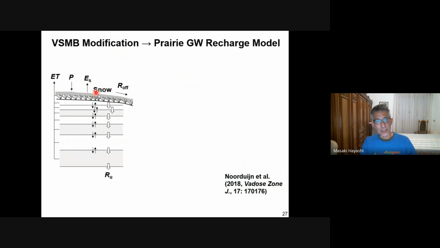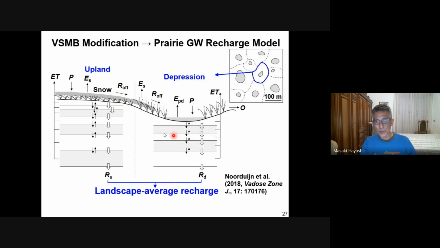So here is the VSMB model set up for upland, and then we have another VSMB model set up for the depression. So it's two models coupled together, coupled by the snowmelt runoff from the upland to the depression. The depression occupies a relatively small area within the catchment, so upland here and then depression in the middle.